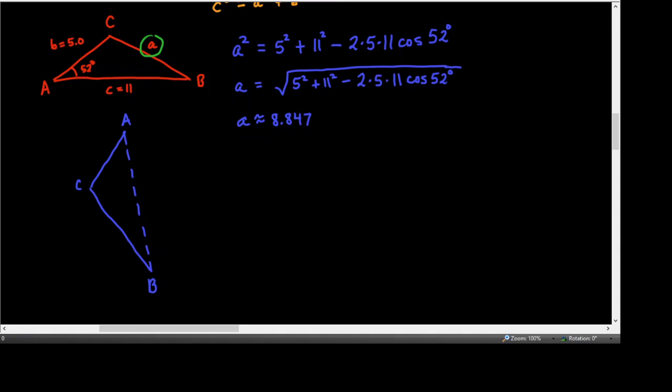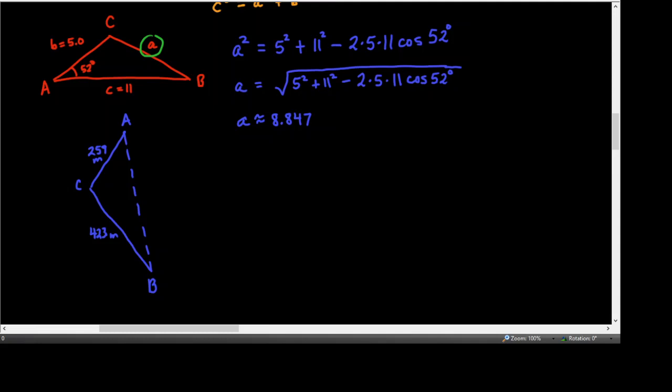Let's see, let me read the problem. While standing at point C, the surveyor finds that AC is equal to 259 meters. So this is 259 meters. And BC is equal to 423 meters. Okay.